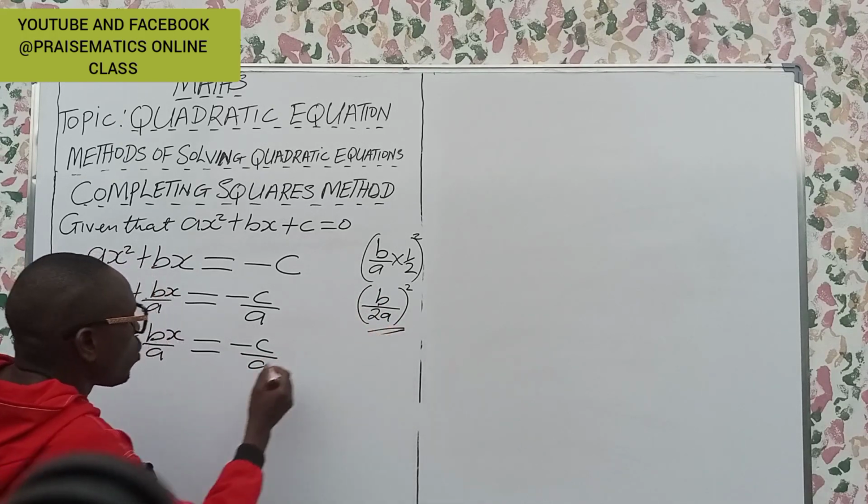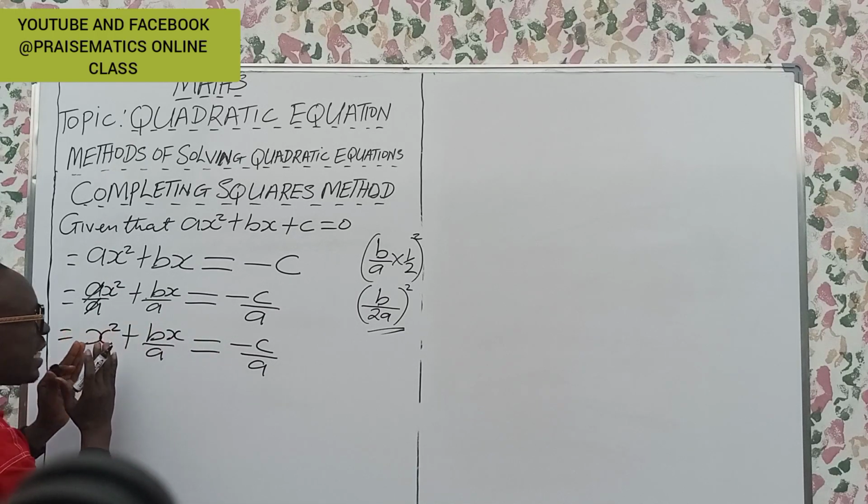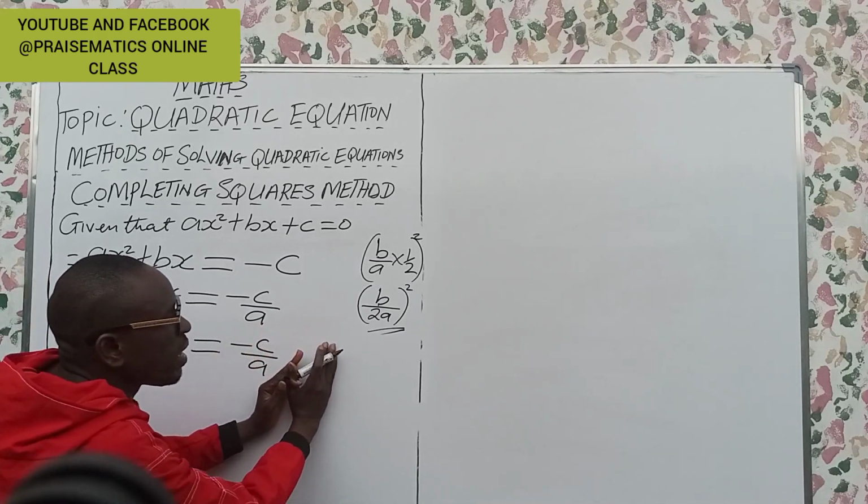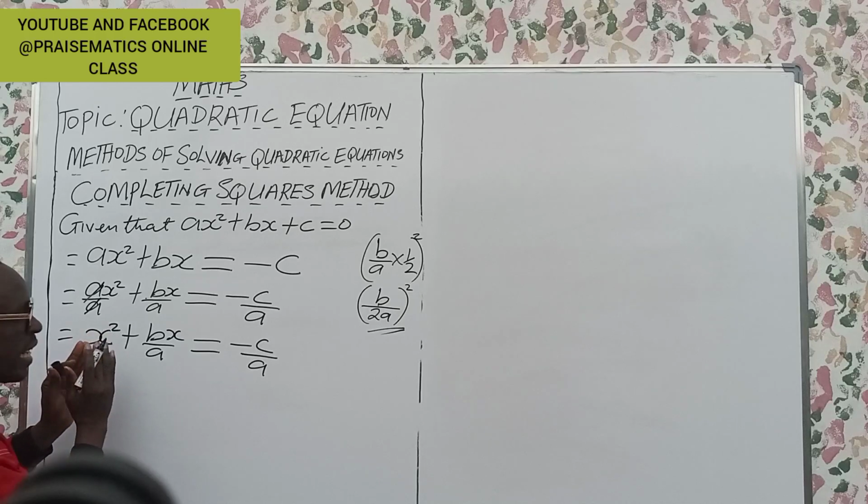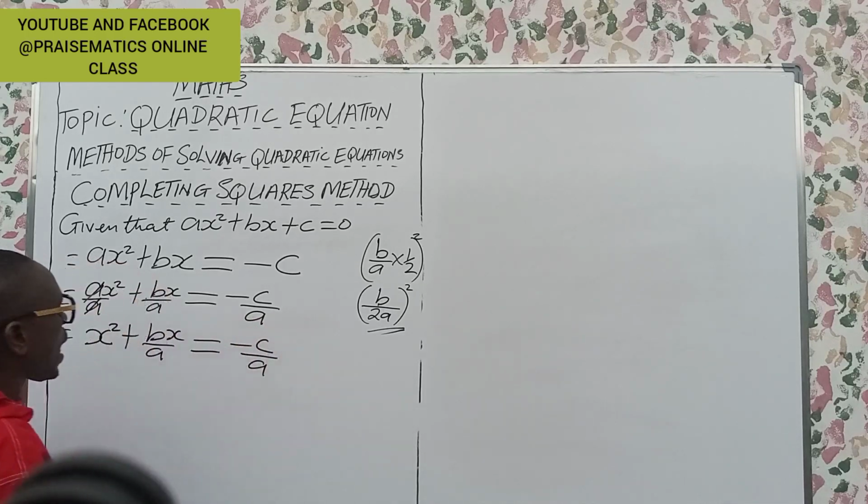This is the result. We are going to add it to both sides. Add it in the right hand side, and add it in the left hand side.